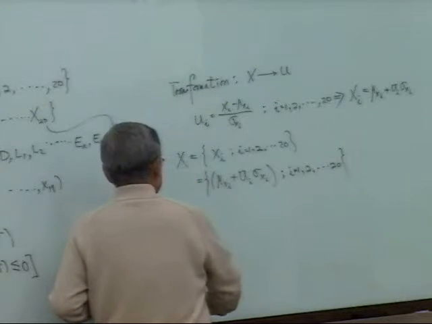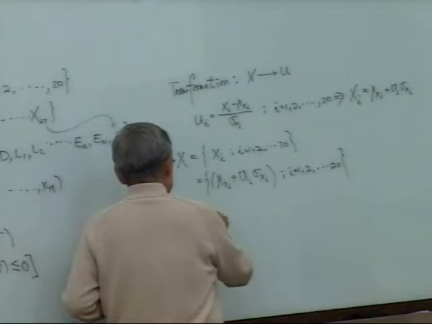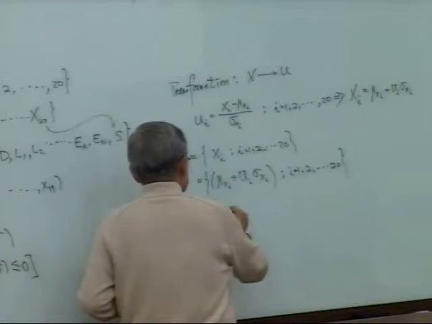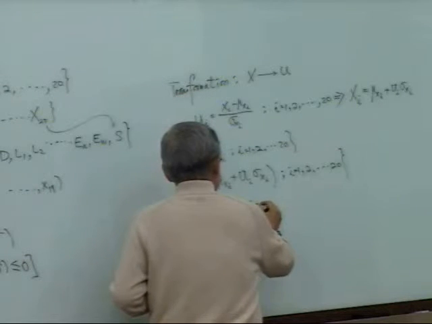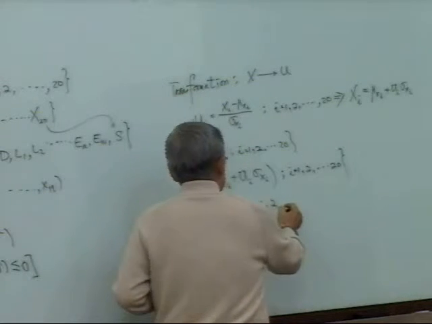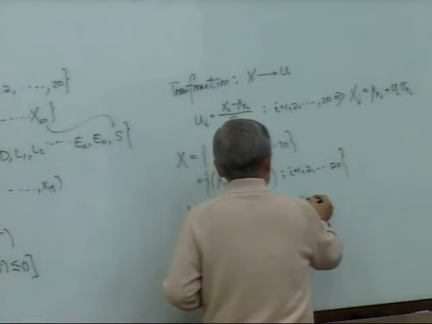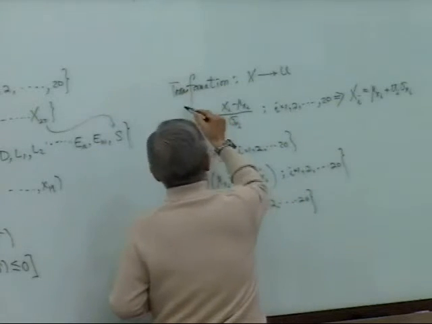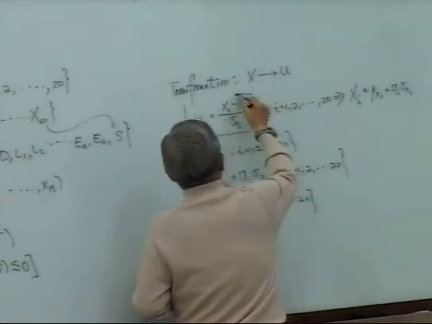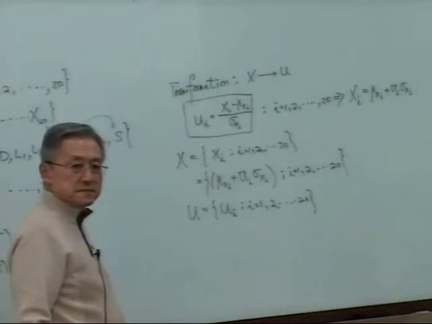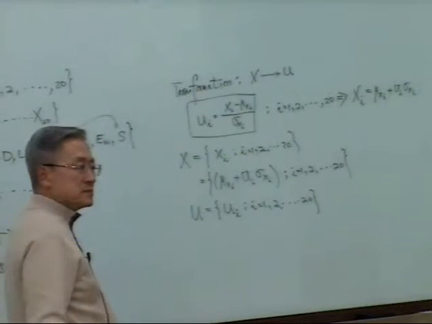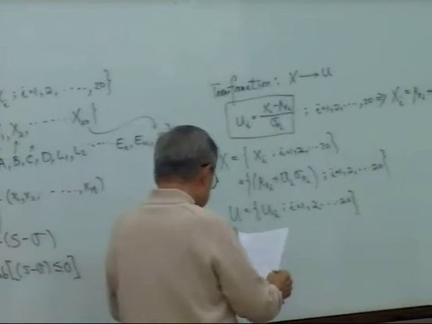This is still like this. Now I can claim that there is a u_i, i equal to 1 all the way through 20. Basic relationship is that one. So far good.